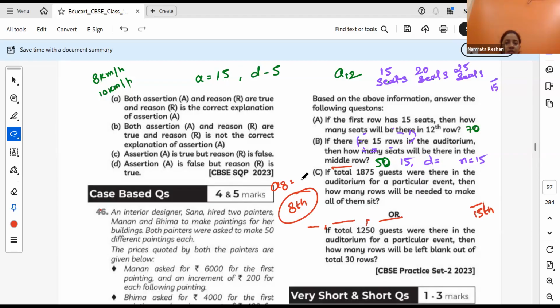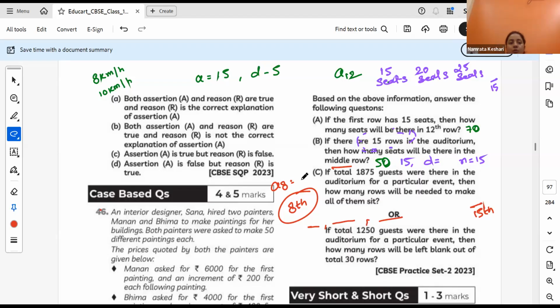Yes ma'am. Okay, let's do the next one. It says that if a total of 1875 guests were there in the auditorium for a particular event, then how many rows will be needed to make all of them sit? Just a moment.